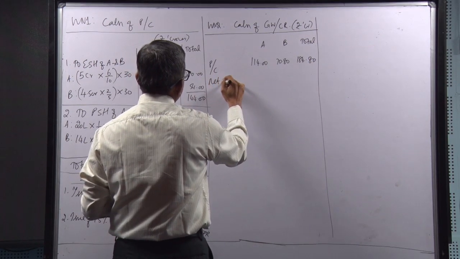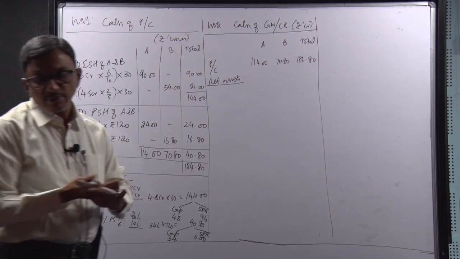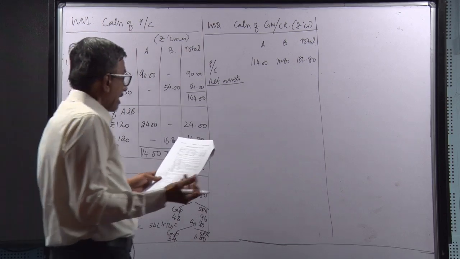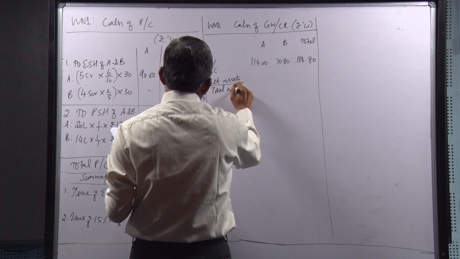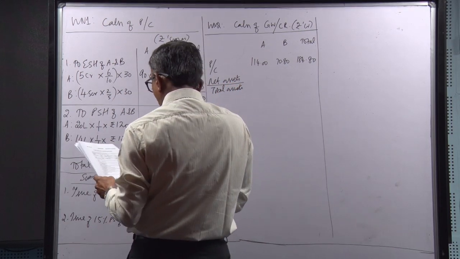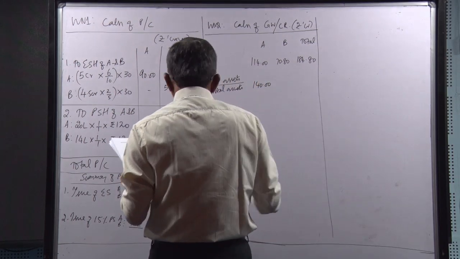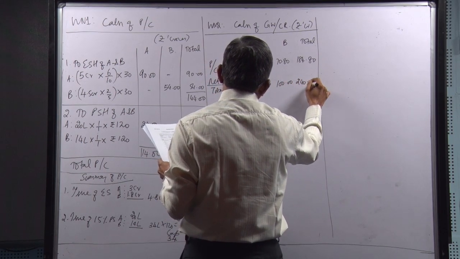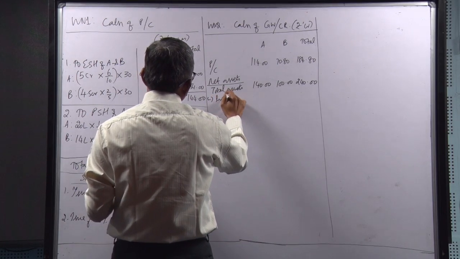Now we have to calculate the net assets of A as well as B. See, in this problem, all the assets are taken over and all the liabilities also taken over. So what is the total assets? Total assets A 140 and there is no revaluation also. B 100. So total asset taken over 240 minus liabilities taken over.